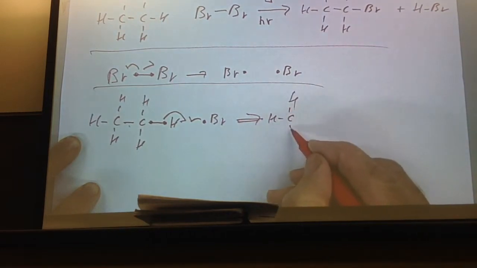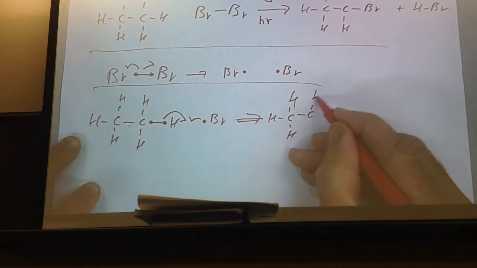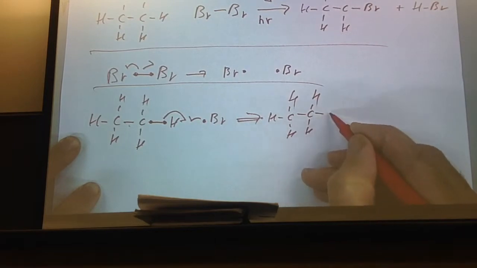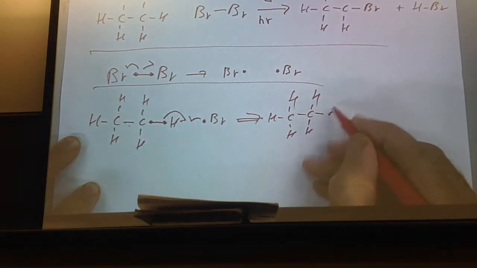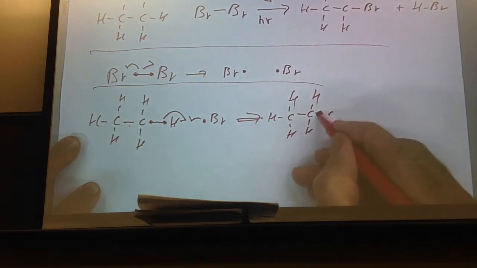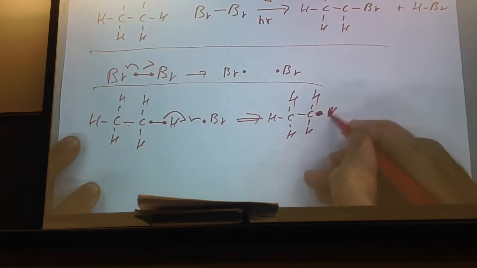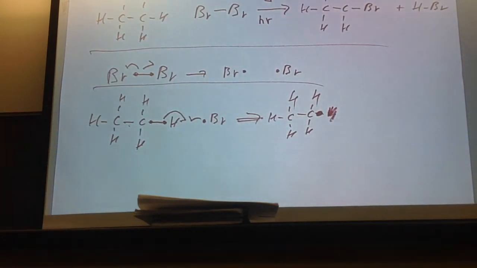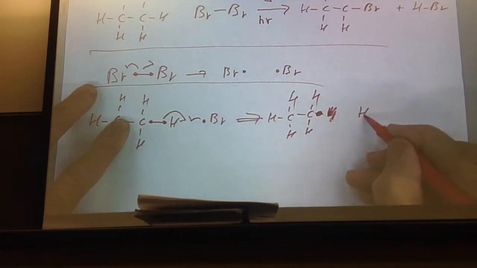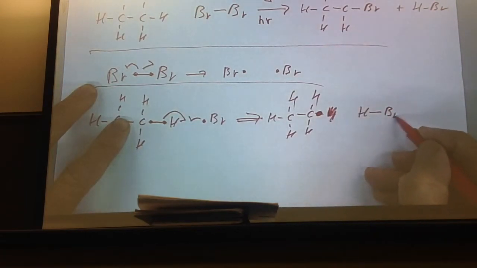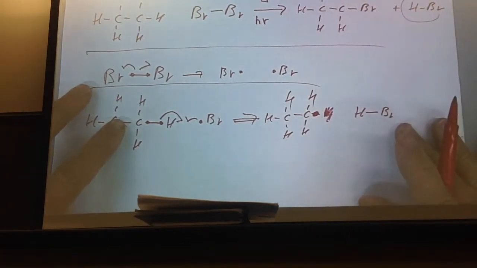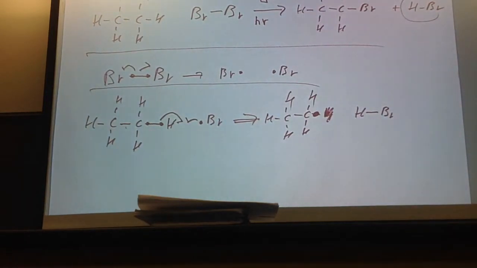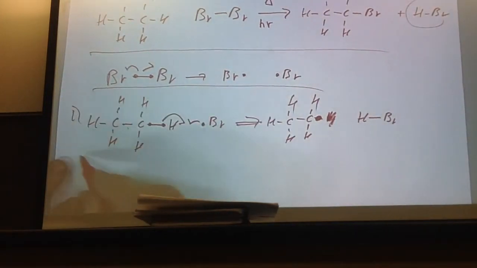This will be the first chain propagating step. There should be a dot right there, nothing else. And then you get HBr. That's one of the two products. Now you're going to generate the other product.